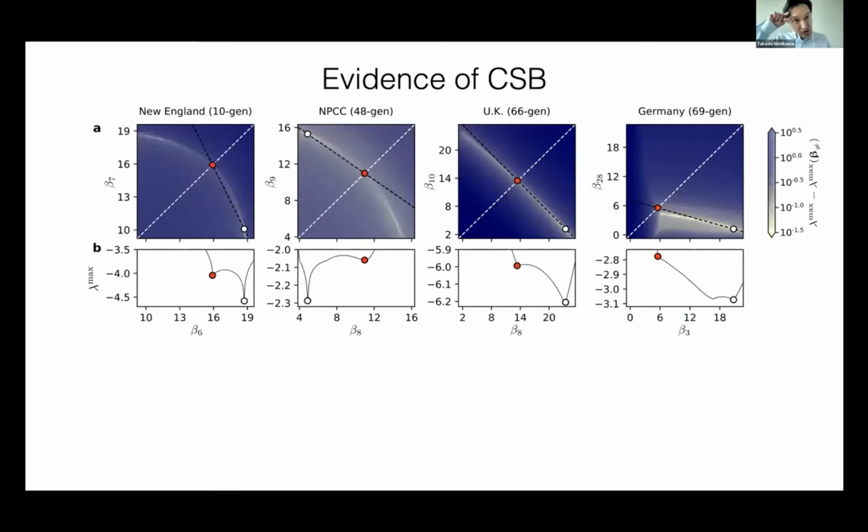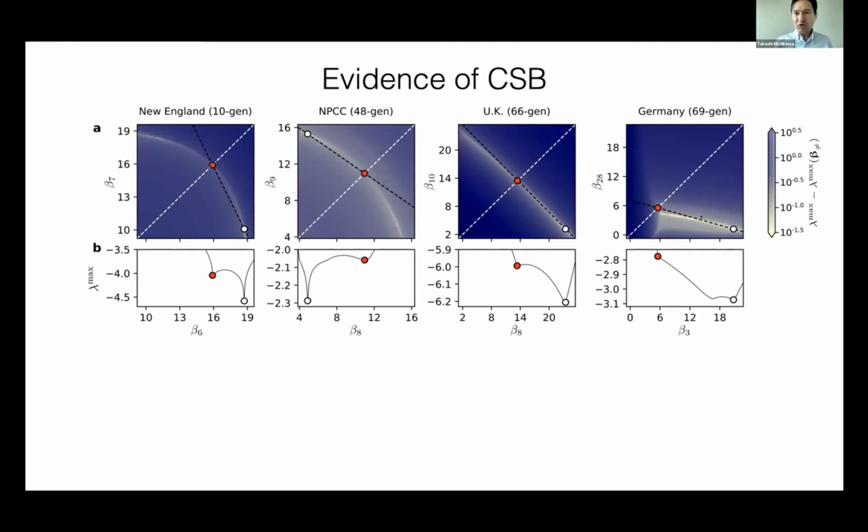When you do that, you can do the similar calculation, plotting lambda max as a function of the 2 beta values, beta sub I values for those two generators. And you indeed see that the optimal choice is off the diagonal, which means that it is achieved for different values of beta sub I for those 2 generators.